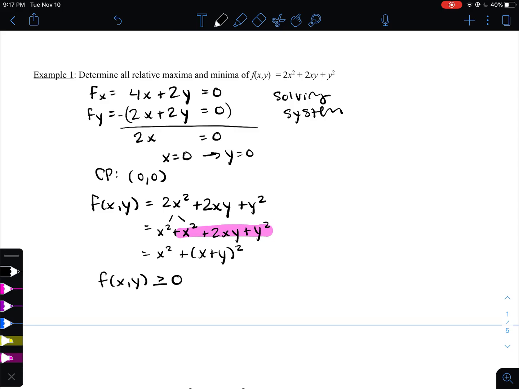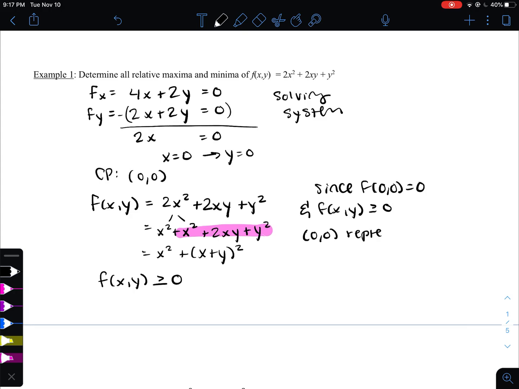It could never be a negative number. Since f of (0, 0) equals 0, which I can find by plugging it into the original equation, and f of x and y is greater than or equal to 0 for all points, (0, 0) represents not only a local, but also an absolute minimum.